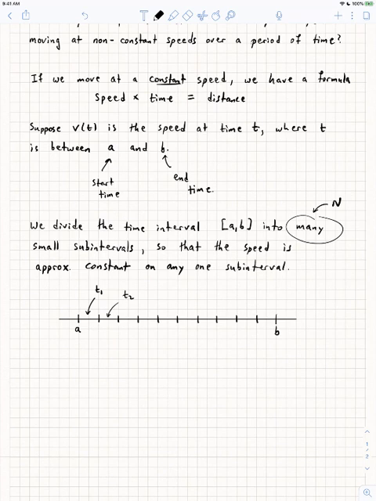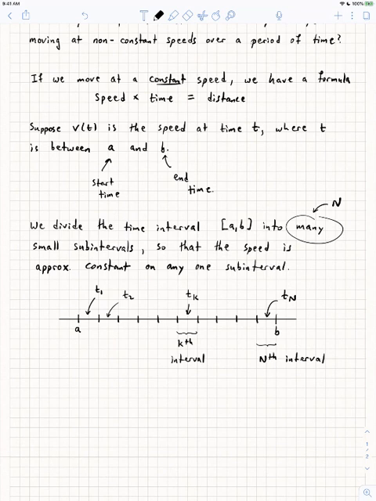So this interval right here, the one ending at time b, is the nth subinterval. So I'm going to choose a time out of this one, which I'll call t sub n. Now anywhere in the middle here, I might have the kth interval, and out of the kth interval, I'm going to choose time t sub k.